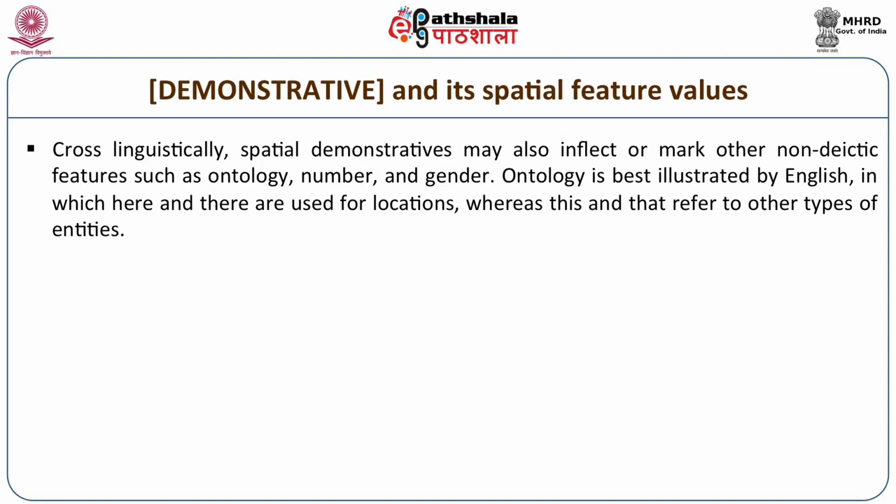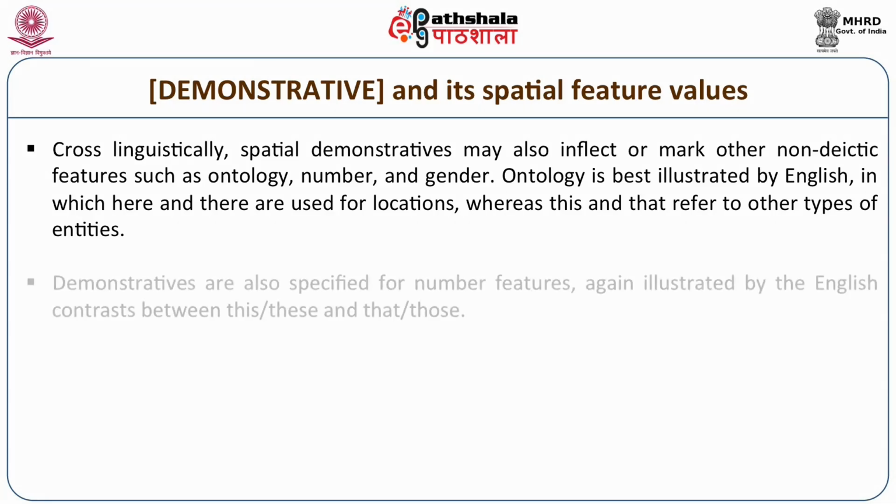Cross-linguistically, spatial demonstratives may also inflect or mark other non-deictic features such as ontology, number, and gender. Ontology is best reflected in English, in which here and there are used for location, while this and that are used for other types of entities. So something distinct is used for spatial versus other regular reference.